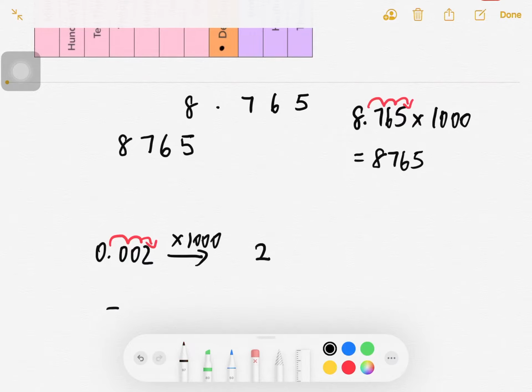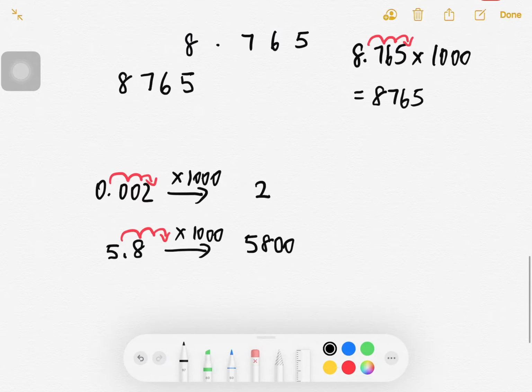And if I have 5.8, I multiply by 1,000. I shift my decimal point 3 place values to the right. I get 5,800.